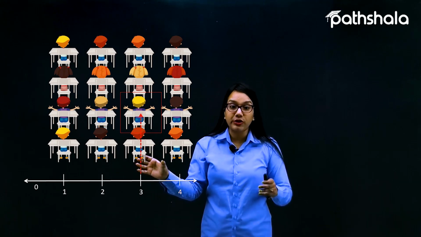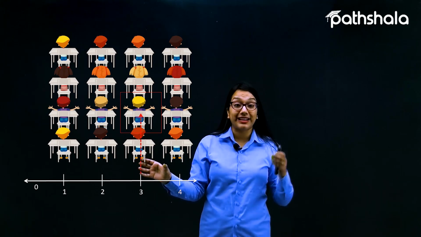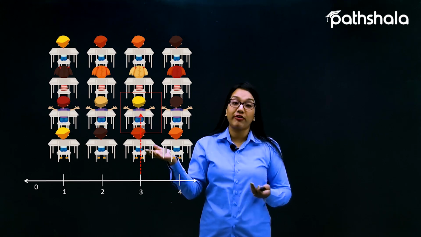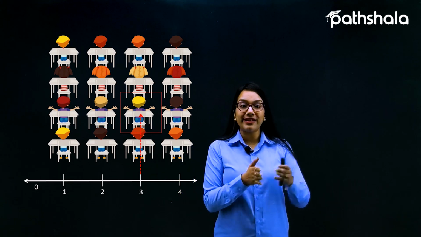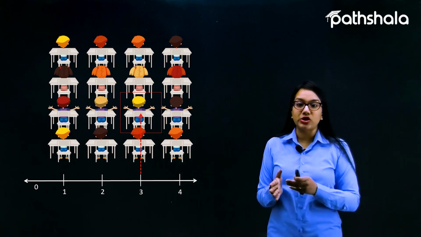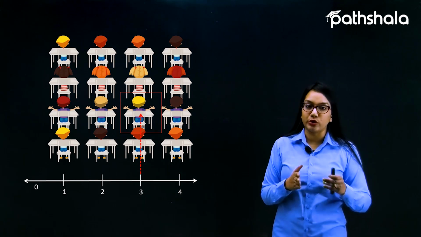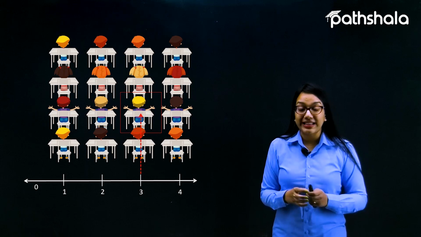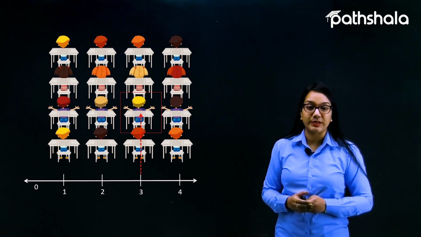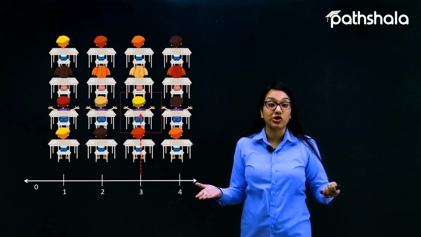So is this sufficient information to describe the position of Ria's bench? Definitely not, because not only Ria's bench but the other 3 benches are also in a similar position. So in order to describe the exact position of Ria's bench, we need some other information as well.